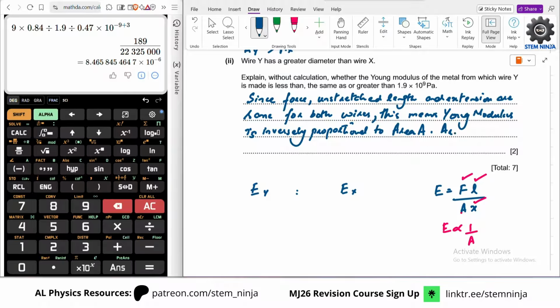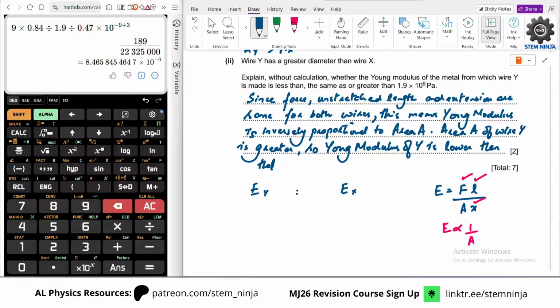So area A of wire Y is greater, so Young modulus of Y is lower than that of X. Simple, straightforward. And this is the end of this question also.